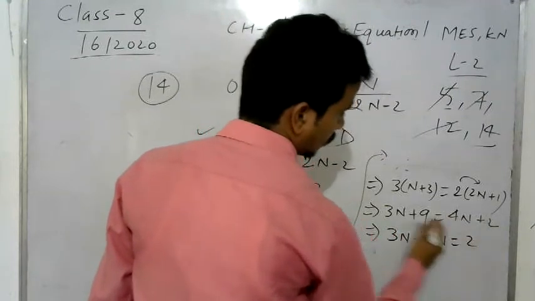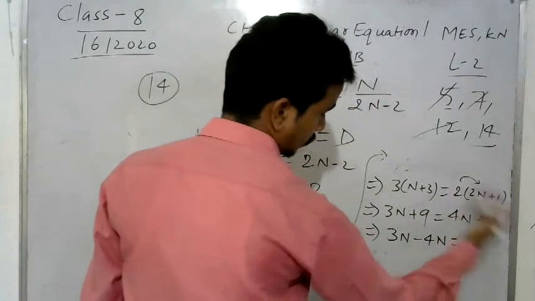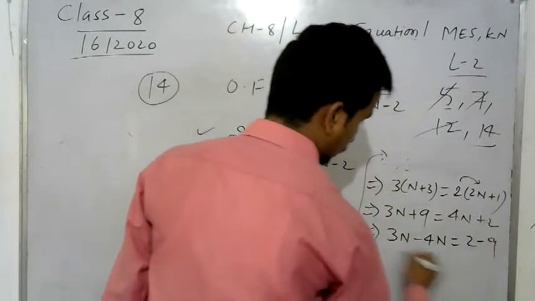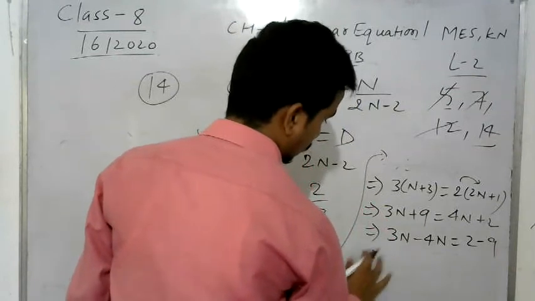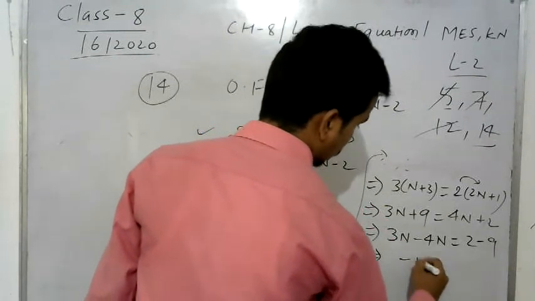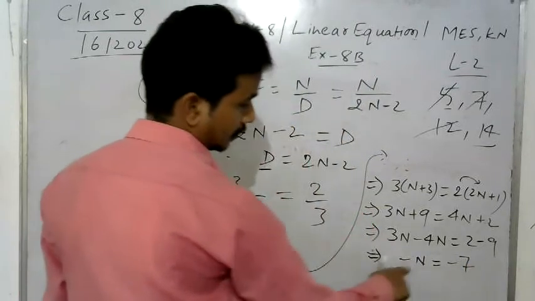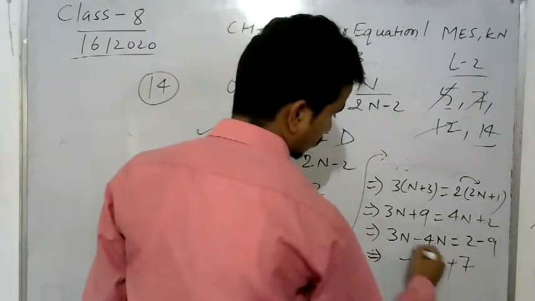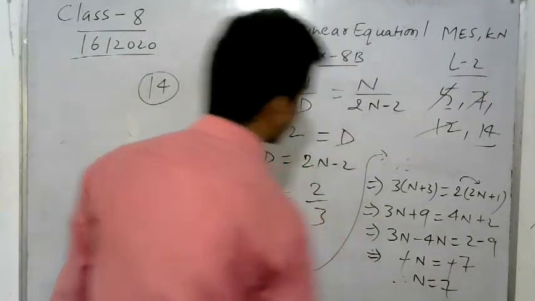And if we shift plus 9 to the right side, it will become minus 9. So this implies negative n equals negative 7. 3n minus 4n is minus n, and 2 minus 9 is minus 7. Minus and minus will cancel each other. Therefore, the numerator is equal to 7.